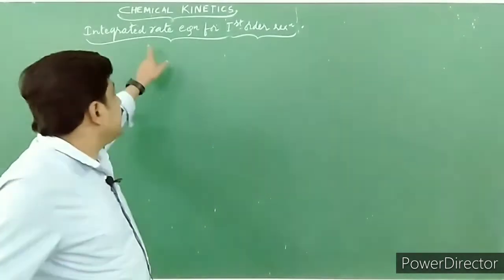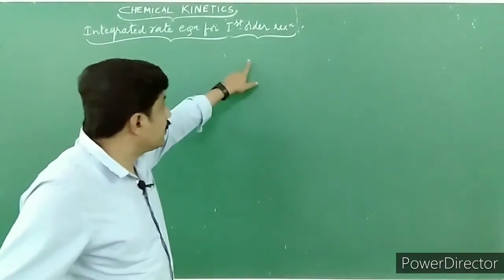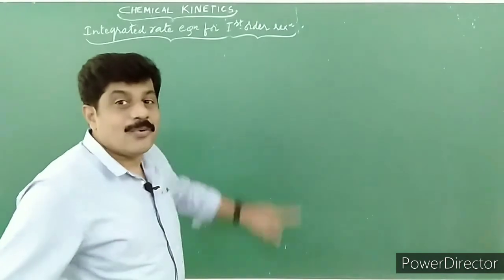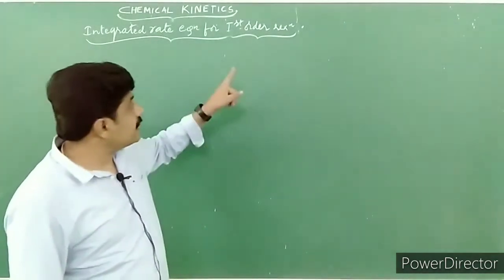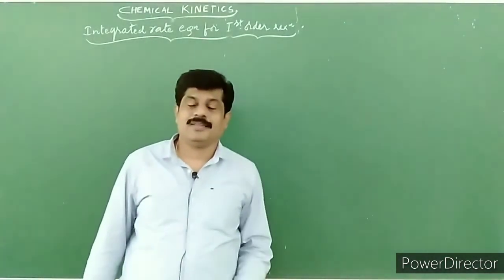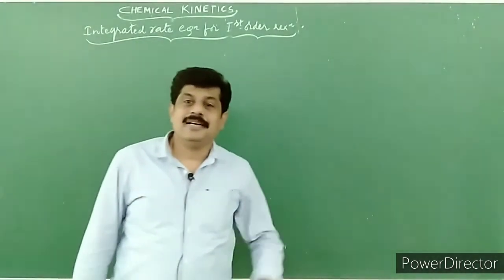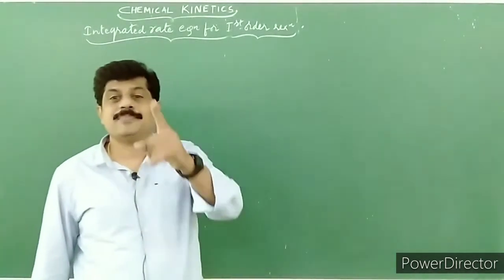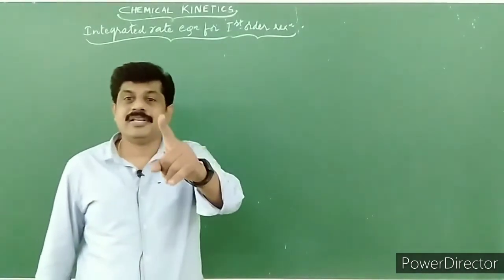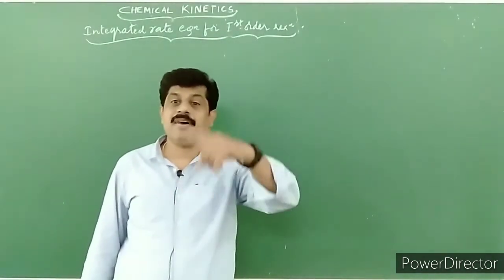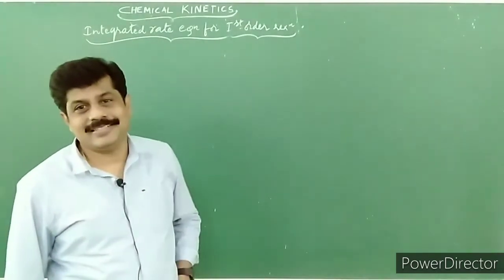So before going for the integrated rate equation for first order reaction, let us understand what is meant by first order reaction. Children, first order reaction means the rate of a reaction is proportional to the concentration of a reactant raised to the power 1. Is it not?